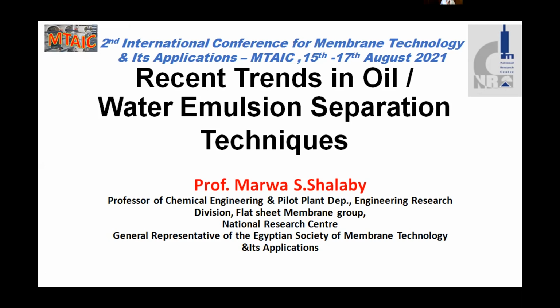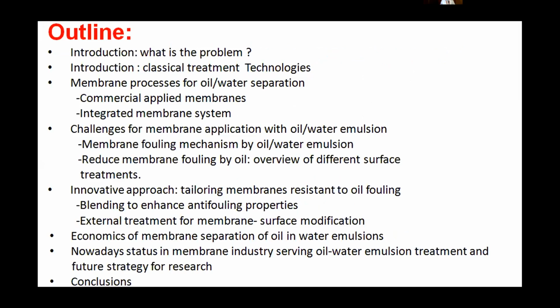Oil-water emulsion is one of the great problems found. In this presentation, we will talk about what the problem is. We will outline the problem. We will have some highlights for the classical treatment technologies. We will highlight how membrane processes can solve such problems, the challenges going through membrane treatment and how to reduce them, and the innovative approach for tailoring these membranes to cope with this separation process.